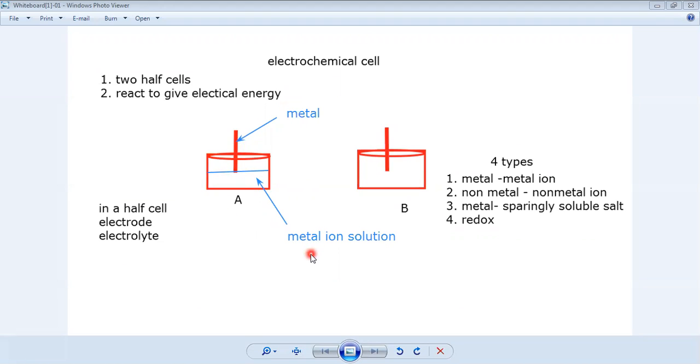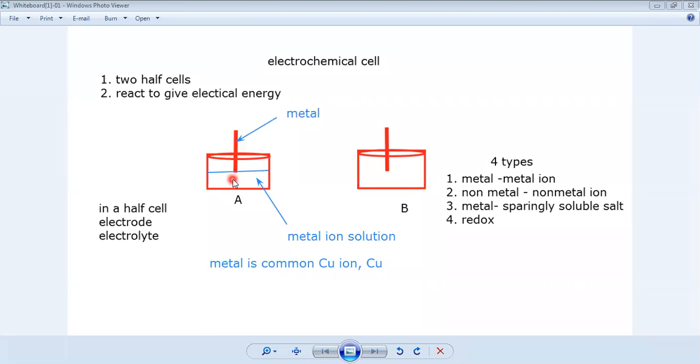Now why do we say it is a metal metal ion electrode? Because the special part is that the metal is common. Say for example, if you take copper, the solution will contain copper ion.